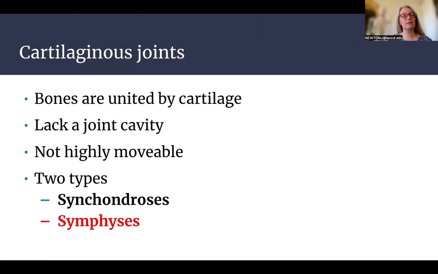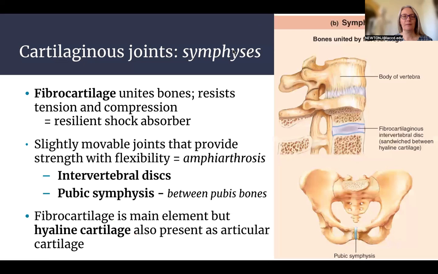Okay, so now we've looked at synchondroses. Now we're going to look at the second type of cartilaginous joint. These are the symphyses. So a symphysis has fibrocartilage as the connective tissue that is uniting the bones in this particular type of joint.